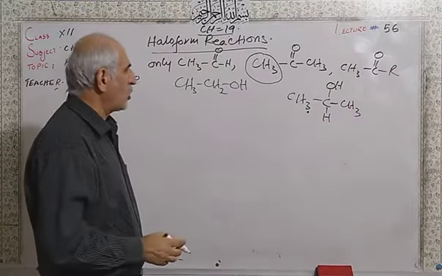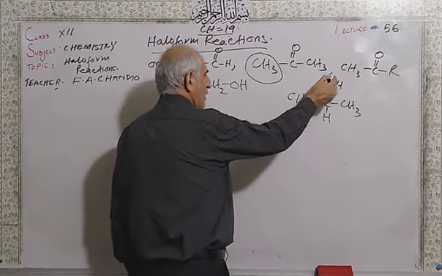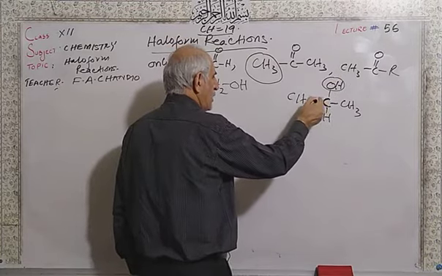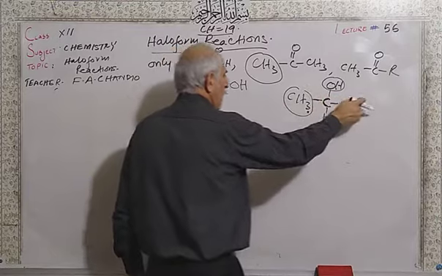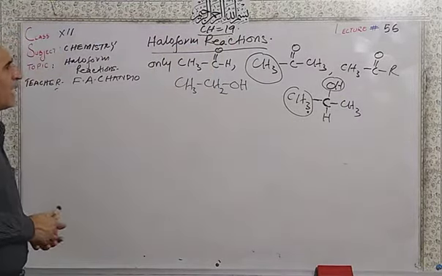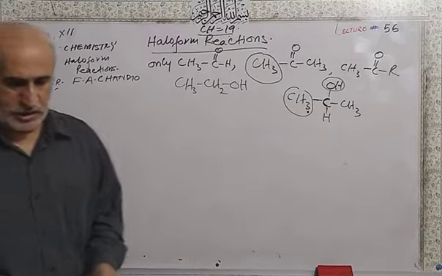So this is the secondary alcohol. So this carbon, this is the alcohol which has an ability to attach here. So this must attach a CH3. Here there may be 2, 3, 4 carbon atoms. So they will give the haloform reactions.